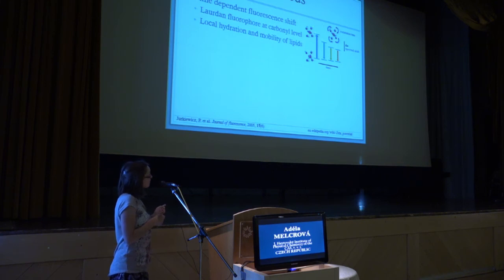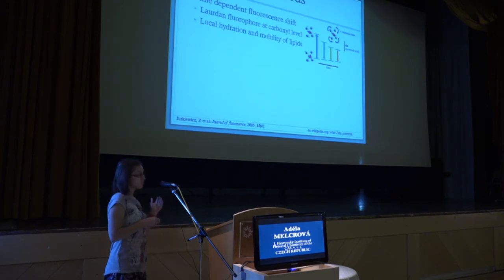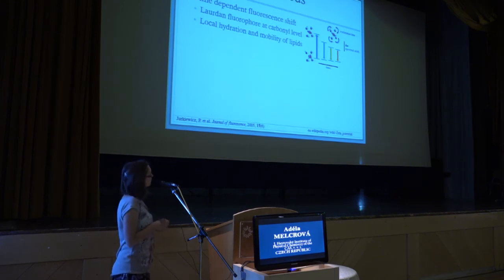This reorientation takes some time, and there is a spectral shift, like a drop in the energy of the excited state. We can measure these 2 parameters and directly get the local hydration and mobility or rigidity of the molecules around.